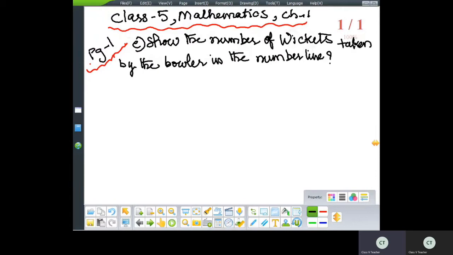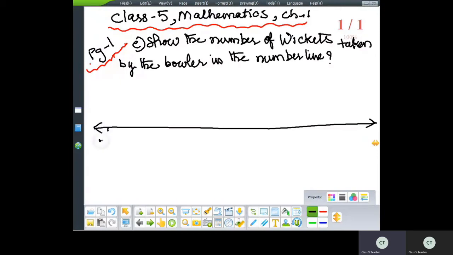Now that means what? Firstly, let me draw the number line. Yes. So this is a line. In this, you can see that all the numbers are ranging from between 500 to 1500. So I'll mark the numbers on the number line between 500 to 1500.